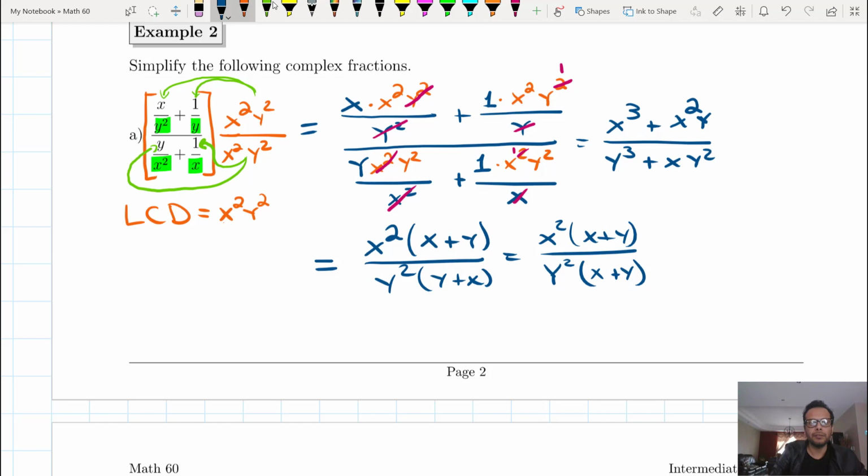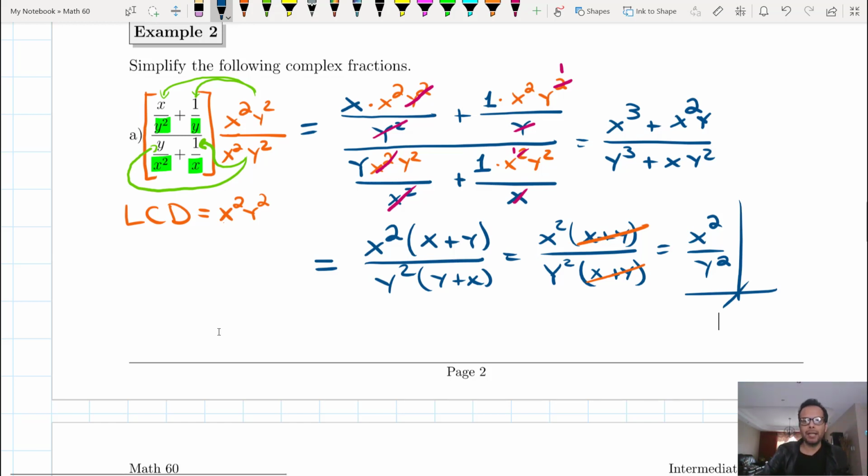And from here, we can divide out this x plus y with that x plus y, leaving us with, as final answer, x squared divided by y squared. Not surprisingly, the same result we got by simplifying this expression using method 1.